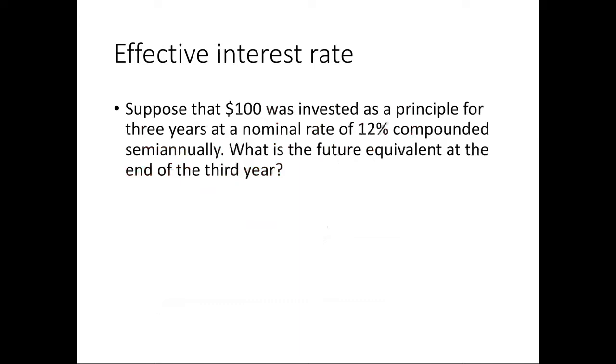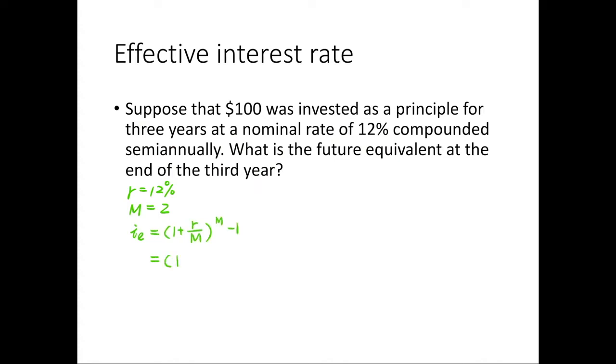So we still invest 100 as the principal investment, and the nominal rate R is 12%, compounded semi-annually, so every year is compounded 2 times, so M is going to be 2. And so what is the future equivalent at the end of the third year? So if you know R and M, you can actually calculate the IE, which is 1 plus R over M to the power of M, minus 1.